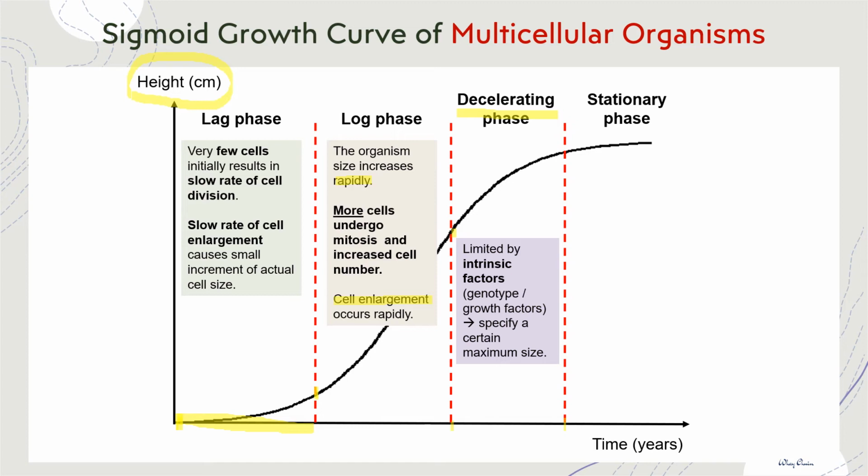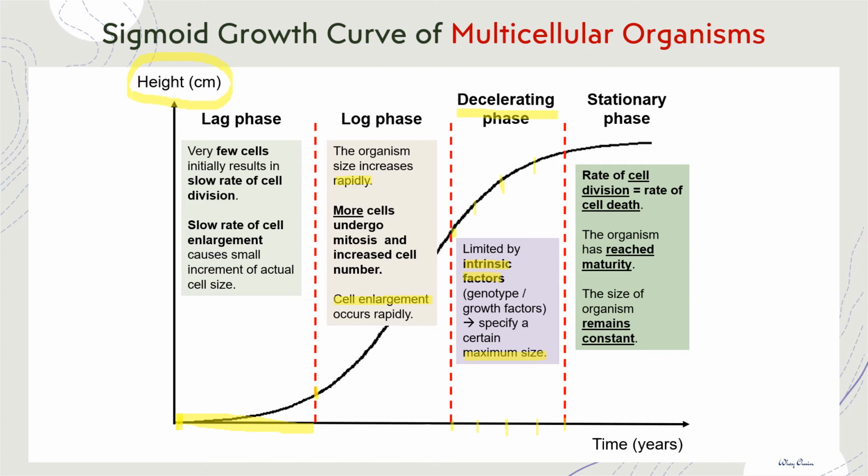Sebab kalau saya bahagikan fasa ini kepada beberapa unit of time, kita dapati bahawa setiap unit ini menunjukkan kenaikan ketinggian yang secara constant. Ini adalah disebabkan the growth is limited by intrinsic factors, atau kita kata berkaitan dengan genetik. So genetik ini akan menentukan maximum size of this organism.